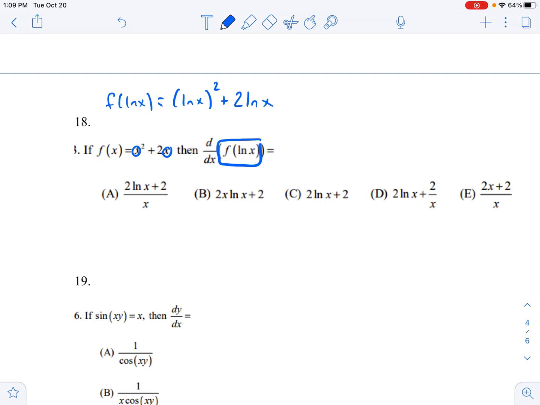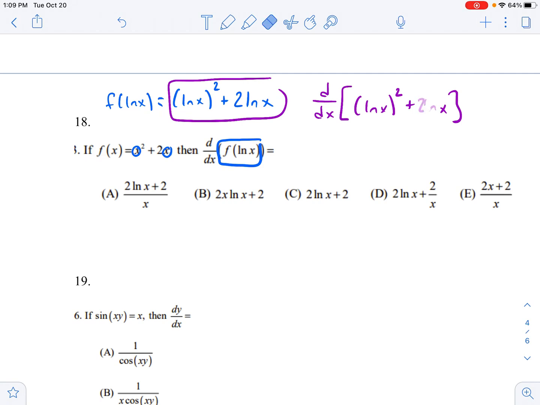And so now if I want to take the derivative of this thing, okay, I don't really like the way that looks. Basically I'm going to take the derivative of this. I'm just going to write that d dx of this. All right. Clean that up a little bit.